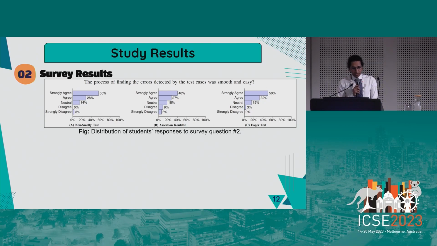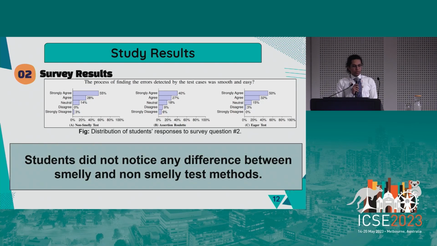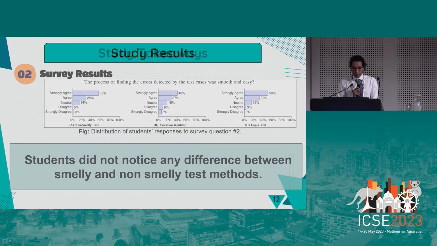But we can see from B and C, assertion related and eager test, a different pattern, because the students mostly either agree or disagree that it is simple and easy to find the error. That's because the students did not notice any difference between the smelly and non-smelly test methods.